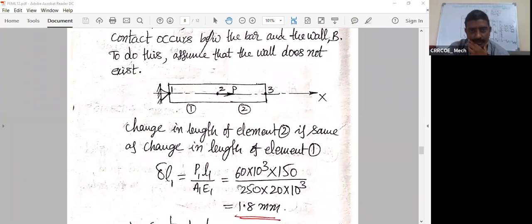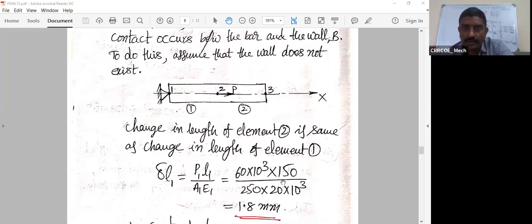There is a change in length in element 1 of 1.8 mm. Node 3 also has the same displacement, 1.8 mm. The gap between the wall and the free end of the structure is 1.2 mm. So the difference is 1.8 minus 1.2, which is 0.6 mm.